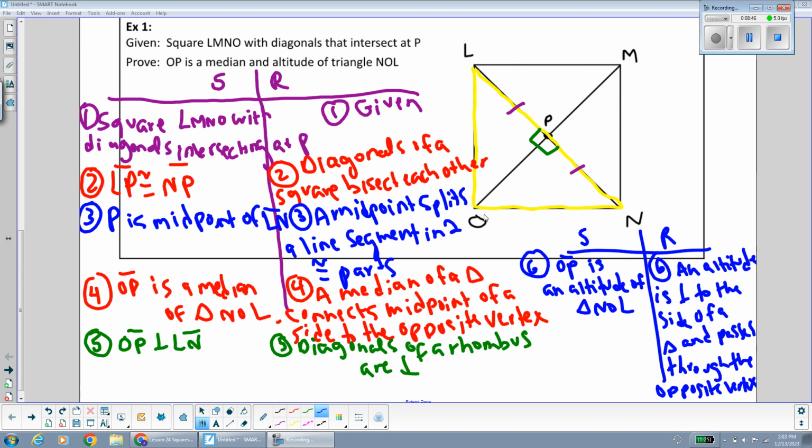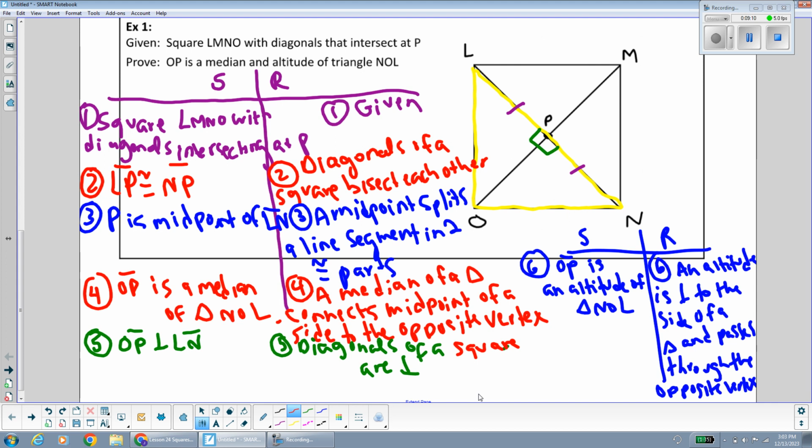All I needed to say was that these were perpendicular to each other, and that's because diagonals of a rhombus are perpendicular. I'm actually going to change that because we do know that we have a square here, so I don't want to get confusing. So I'm just going to write that even though that's a rhombus property, diagonals of a square are perpendicular because all of the properties of rhombuses apply to squares, and we are talking about a square here.